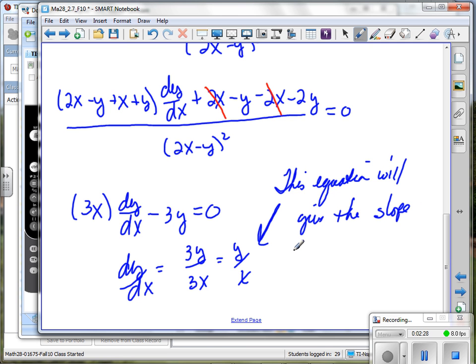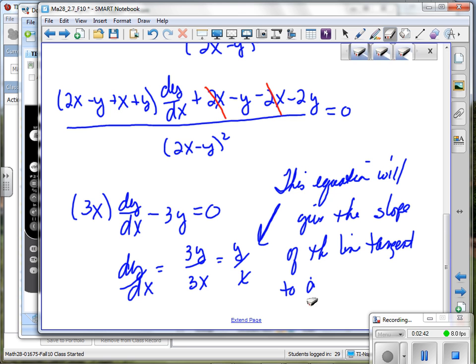Slope of what? What kind of a line? Tangent where? To a curve, but what curve? Yeah, tangent to the curve, and it's going to give us this one.